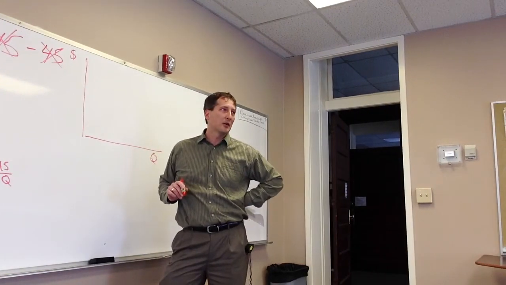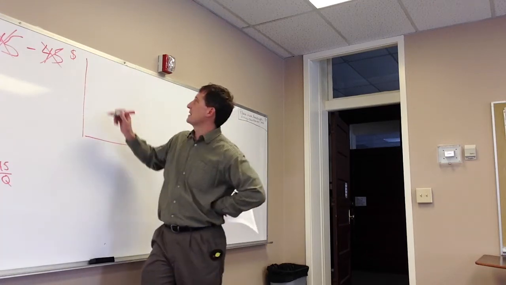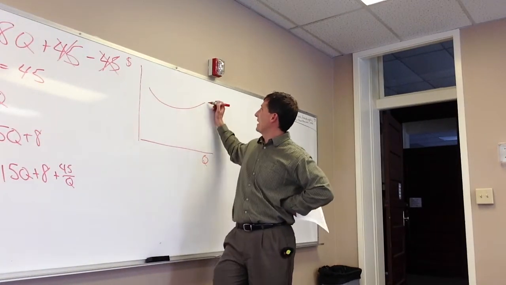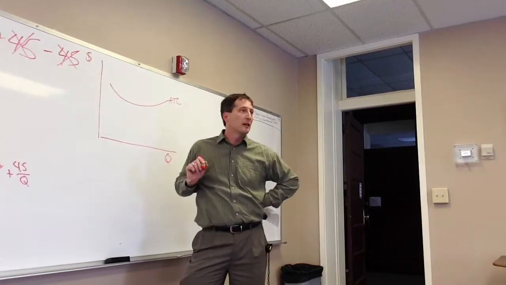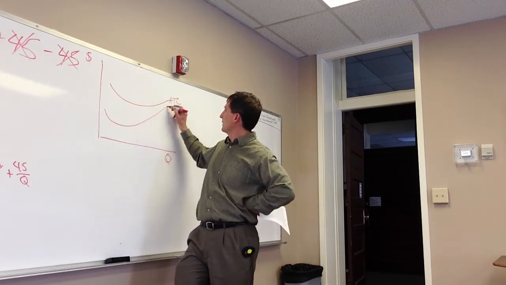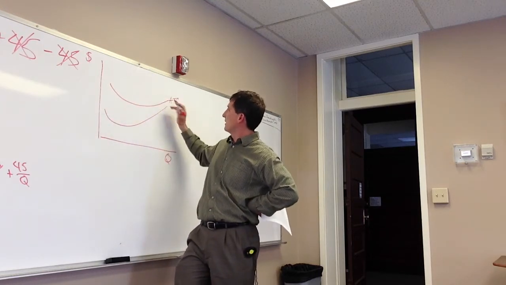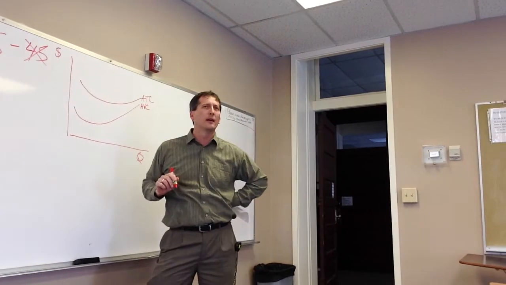What was the graph looking like? It had the bowl. I see the bowl. Which one is that? Average total. Average variable is bowl shaped too and converged in on it, because the vertical distance between the two was average fixed cost. So that's average variable cost.